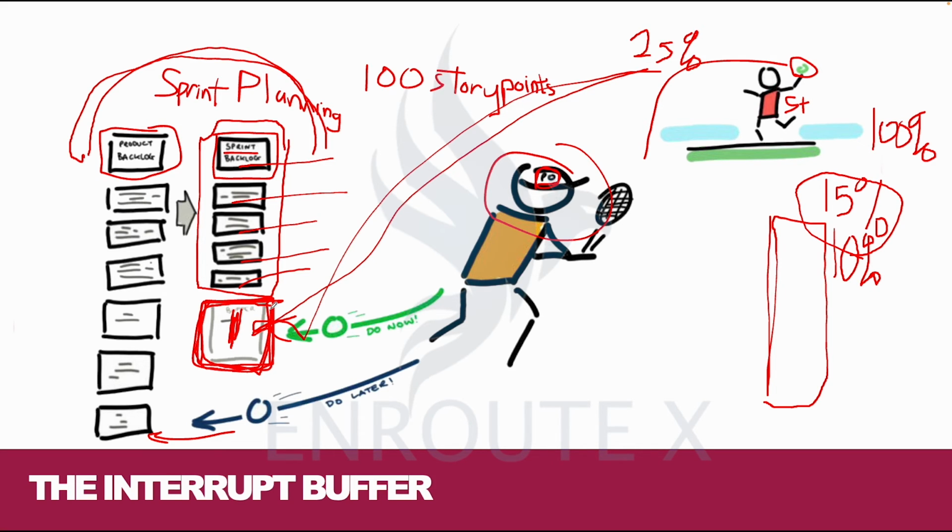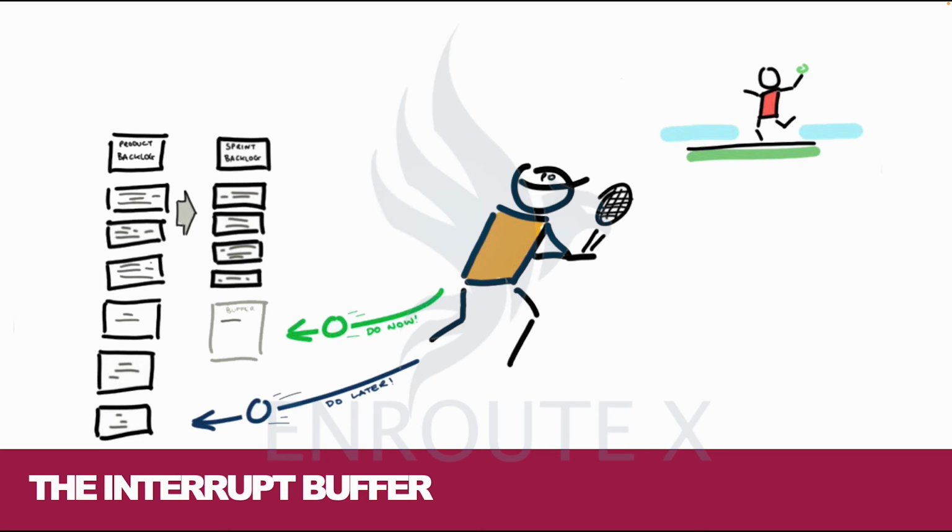That would have mostly been done at the sprint planning event before the sprint planning is concluded. So that is how interrupt buffer is made in Scrum.